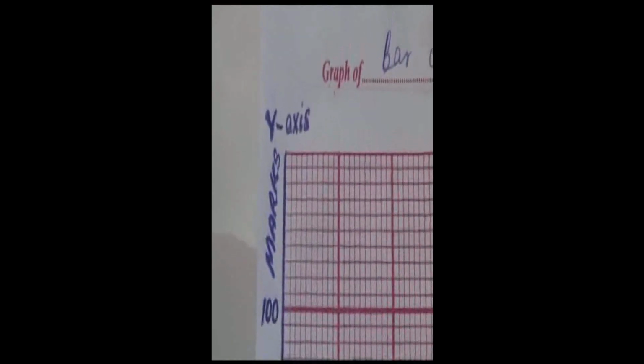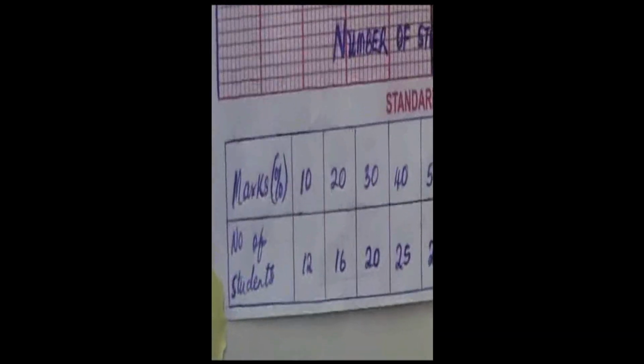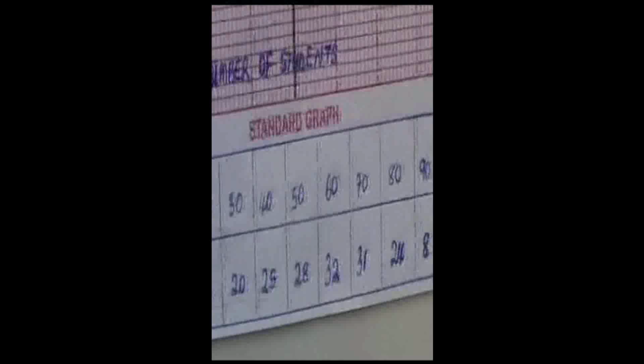You have to indicate marks, just as you have on the table of values, that marks and percentages are represented. So that is your bar chart.